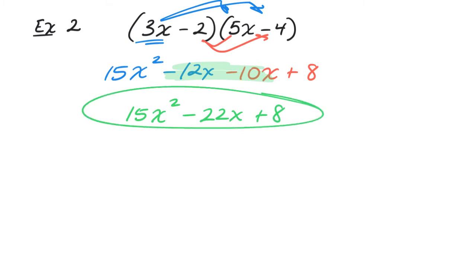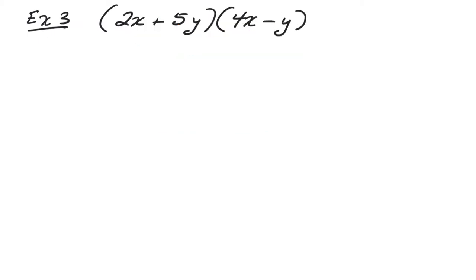Okay, on to another example, demonstrating the same thing. The next example is a little bit tougher because it involves multiple variables this time. Sometimes people get confused by this, but you follow the same rule. I'm going to double distribute this 2x. So the 2x times 4x makes 8x squared, and the 2x times the negative y makes a negative 2xy.